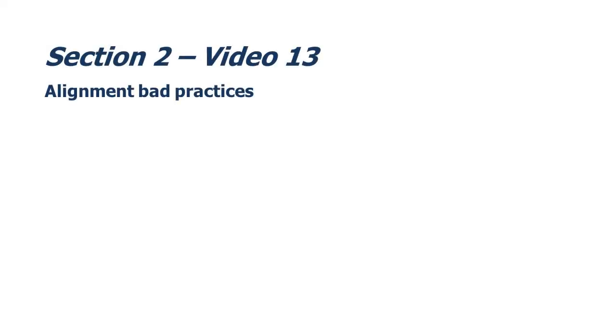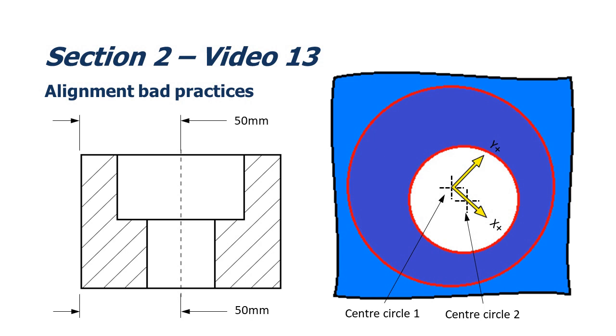Hi, welcome to video 13, the 8th and final video in section 2, which is called Alignment Bad Practices. In this chapter, we'll discuss some common alignment errors and bad practices. These bad alignments may appear to give you a true and robust alignment, but once you start measuring and reporting features, the problem may become apparent.